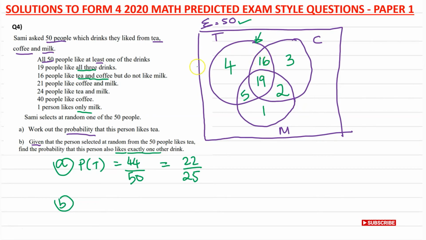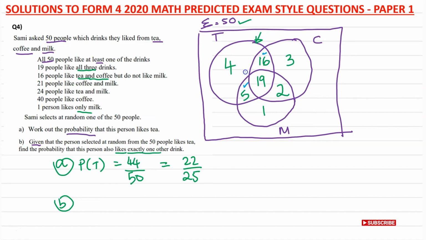And then from that circle, we ask, who else likes only one other drink? Well, that area is this area here. Because these people here like tea, plus that person likes coffee as well. And this person likes milk as well. We do not choose the people in the middle because they like all 3 drinks, not just exactly one other drink.